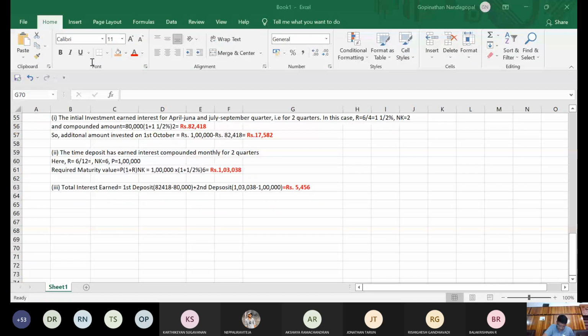Hey, Ari, you should have studied in your mathematics. What is effective annual interest rate or effective rate of interest? Is it something like this, sir? No, very simple.